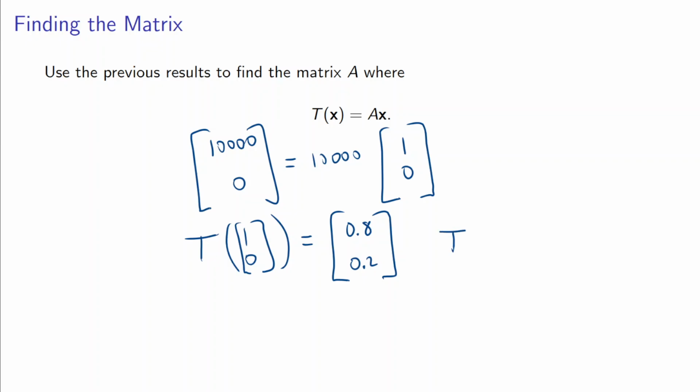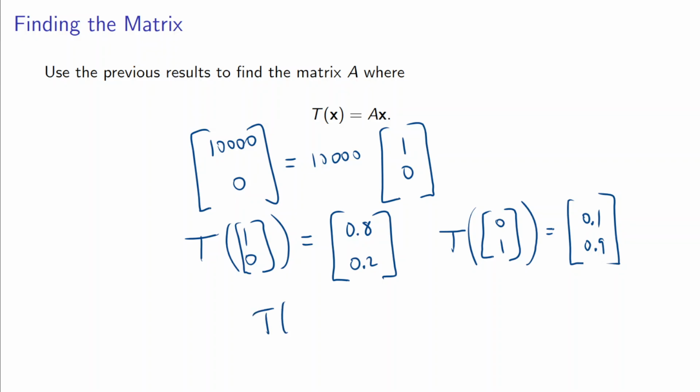Similarly, T of (0, 1) is just going to be (0.1, 0.9). And so this transformation, T of x, will be defined by the matrix A, whose first column is (0.8, 0.2) and whose second column is (0.1, 0.9).